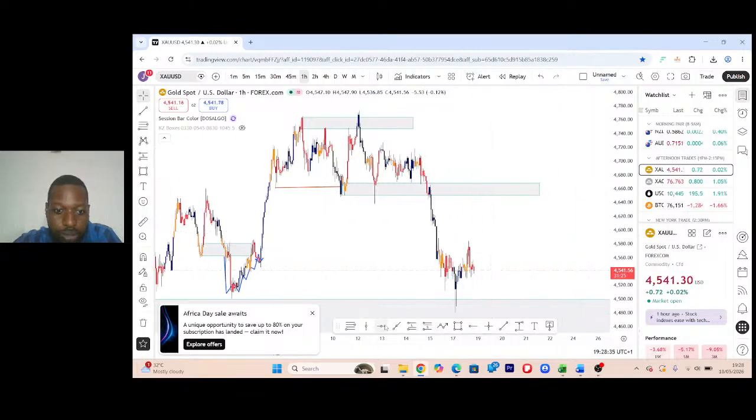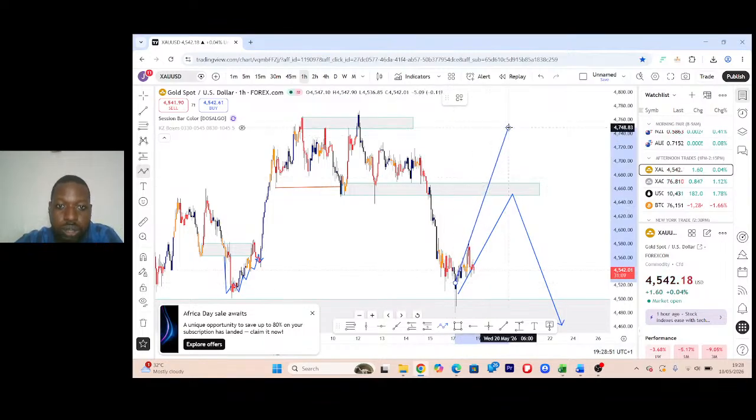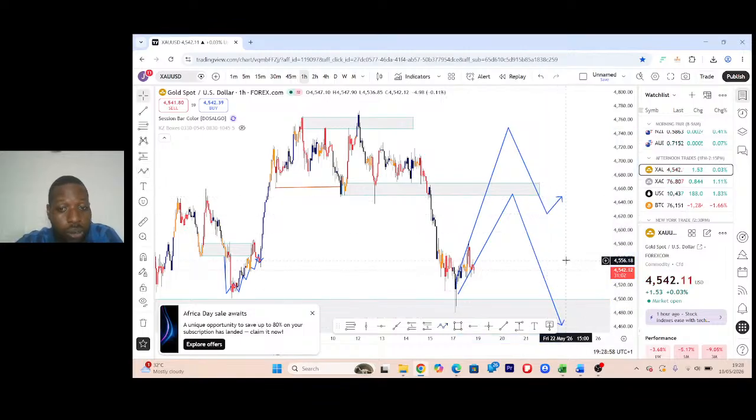From here, either price can come here and then finally sell to the downside, or price will move from here, come to this place, and maybe now finally sell down to the downside. Either one of them is going to happen.